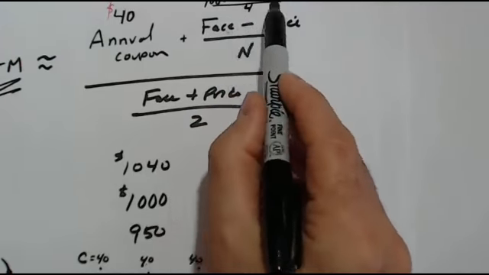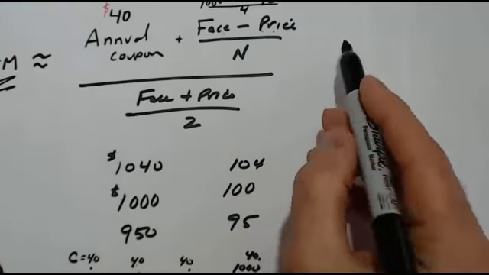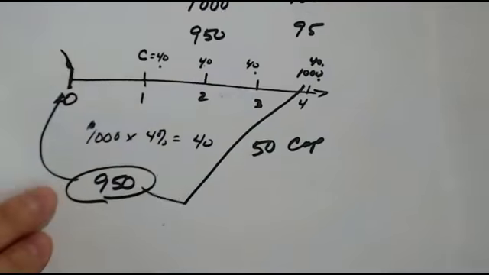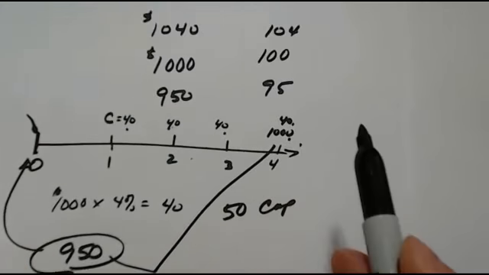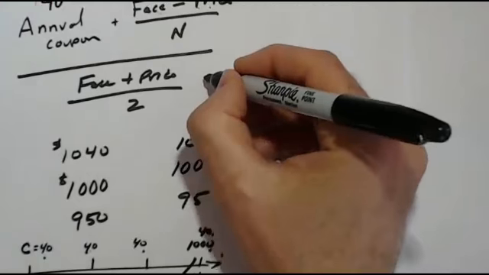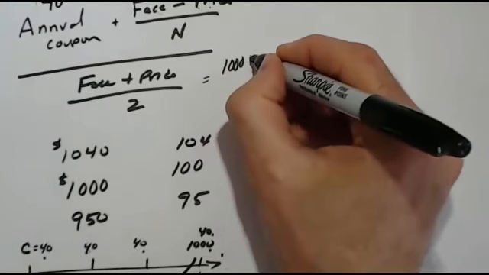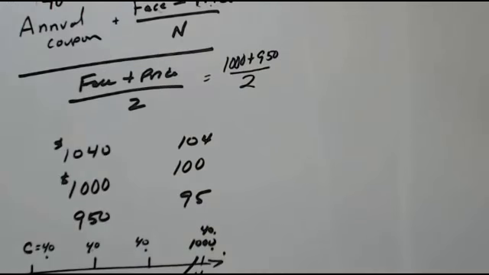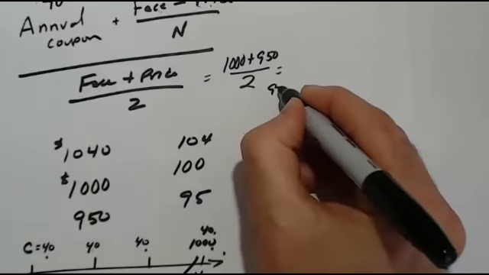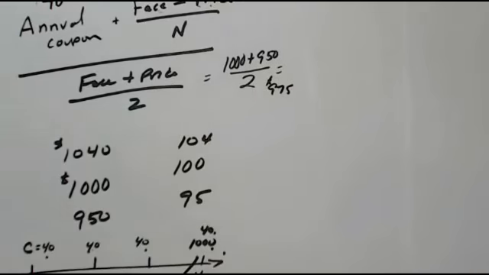So I'm going to chop that 50 over 4 periods. And then what is the average price between what I paid, $950 here, and it turns into $1,000 in 4 years? The average price here is going to be the face plus the price divided by 2. And that will be $975 is the average price over this time period.